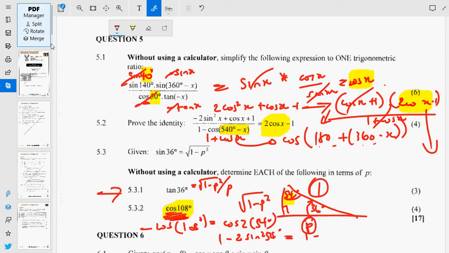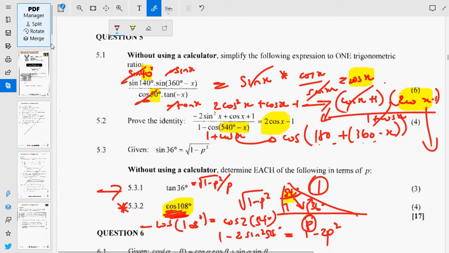That will be 1 minus 2. Then sine, remember, is opposite. Opposite to 54 is P over hypotenuse, which is 1, so which is just P. So I'm going to have P squared there. Remember, you have to square your sine. Okay, so maybe this was a little bit tricky, but some of the questions were fine.